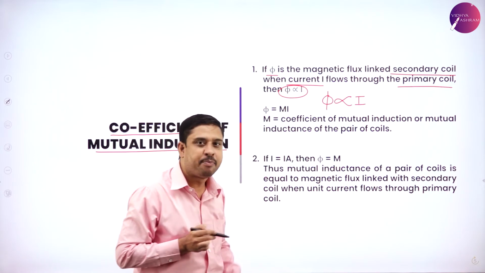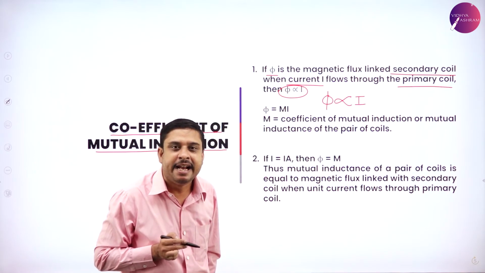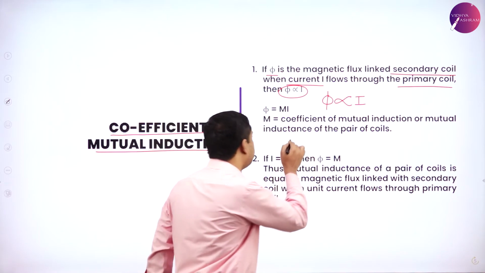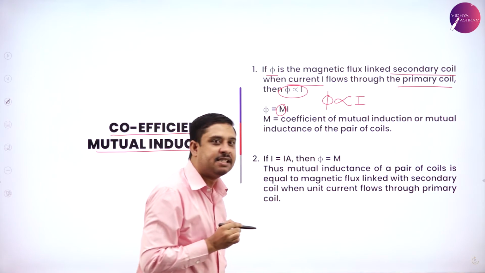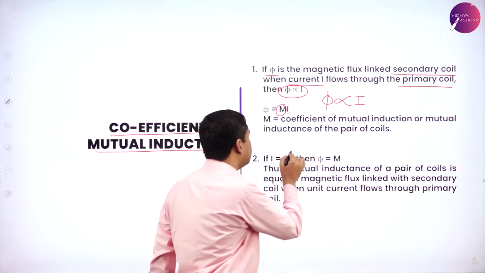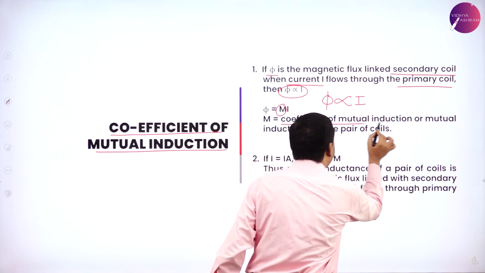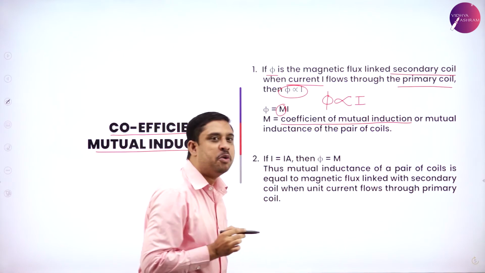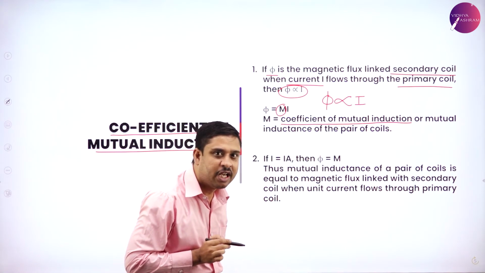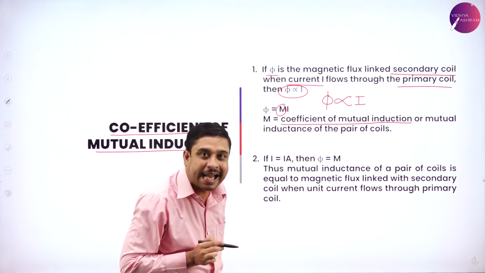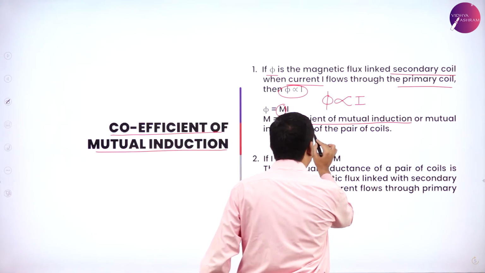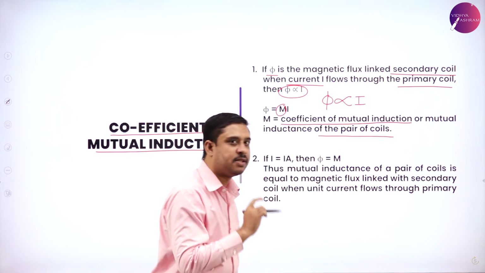How do I eliminate proportionality? Introduce a constant. And the constant I introduce is M, which is called the coefficient of mutual induction or mutual inductance of the pair of coils.